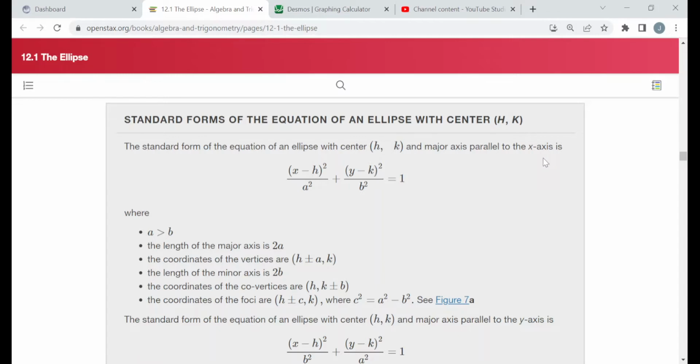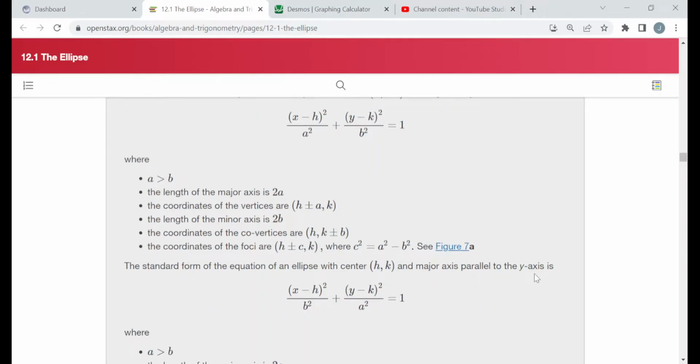We're going to have two cases, just like in the last video. One where the major axis of the ellipse is parallel to the x-axis, or is horizontal, and the other case where the major axis is parallel to the y-axis, or is vertical.